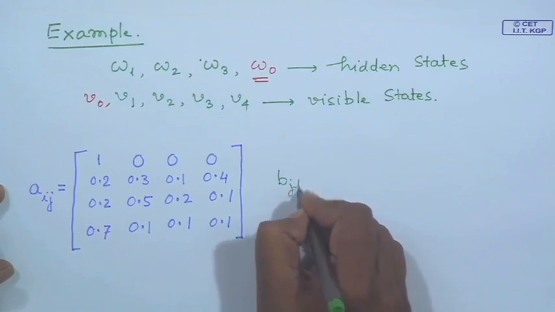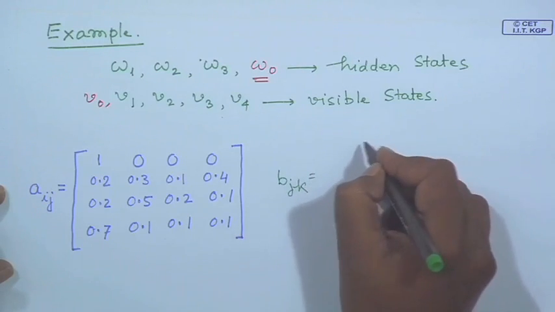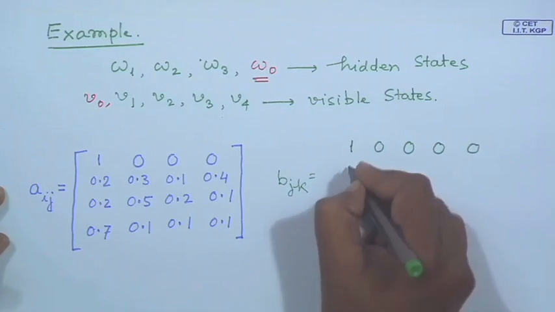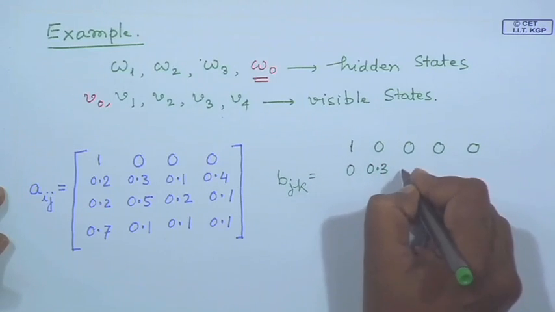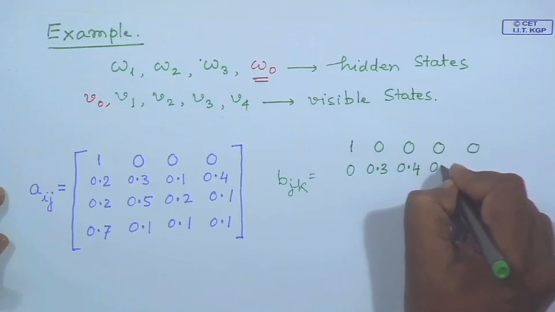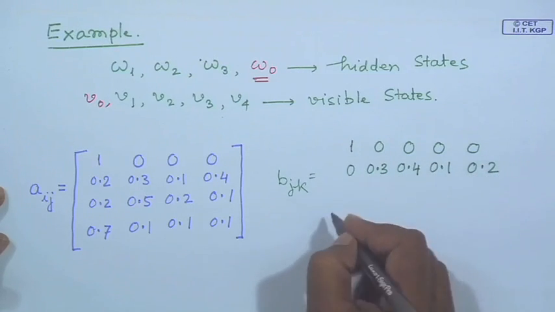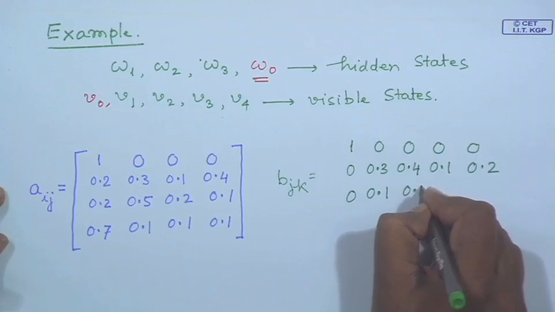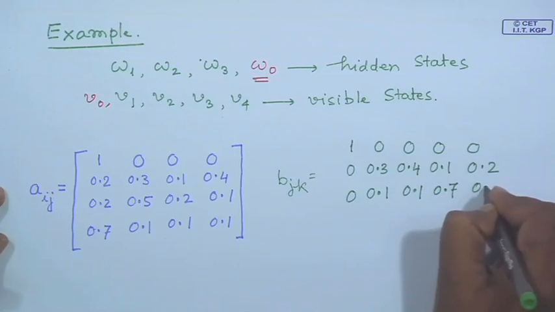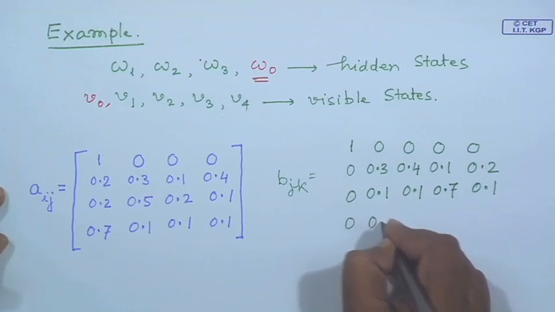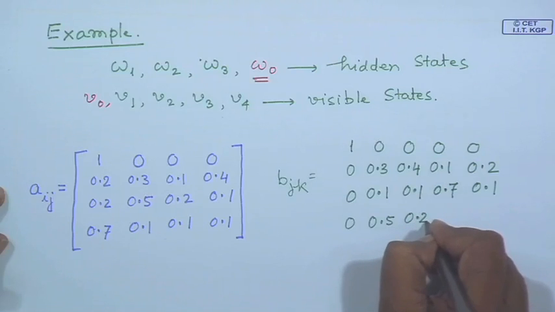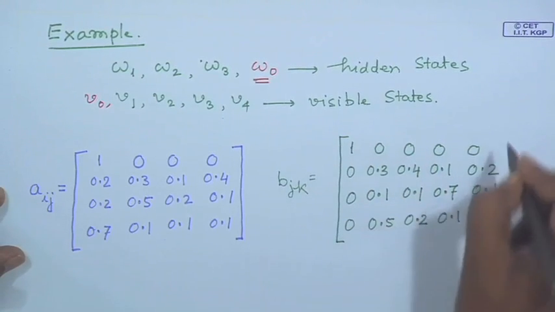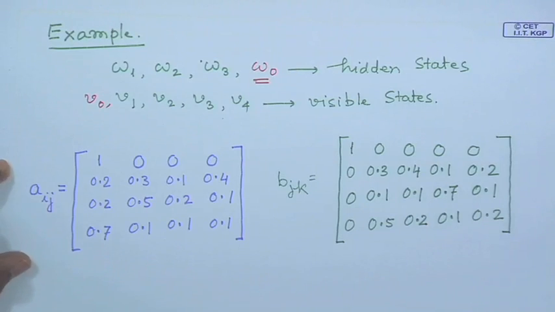So, I write B j k, which will be given by say 1, 0, 0, 0, 0, 0, 0.3, 0.4, 0.1, 0.2, then 0, okay.